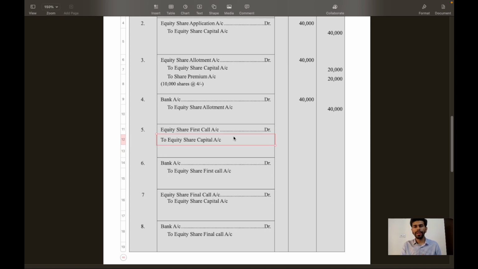So the first call money due entry will be first call account debit to equity share capital account. The amount will be 10,000 shares of 4 rupees each, and this is the first and final call.